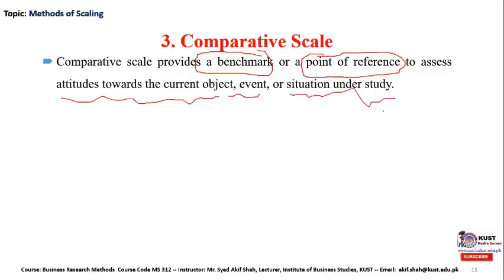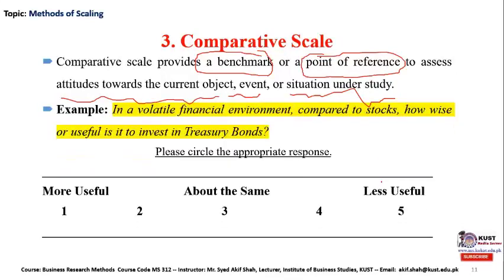So basically the researcher or manager conducting the research, trying to elicit the desired attitudinal responses, may provide a certain benchmark or reference point, and then the relevant question is asked to elicit the attitudinal response. Let us take an example to understand it in full detail.